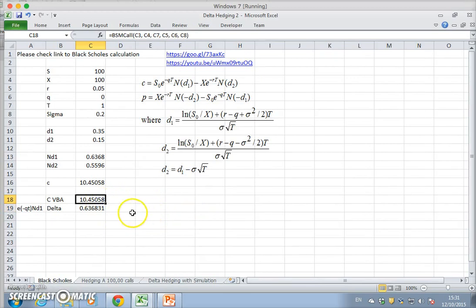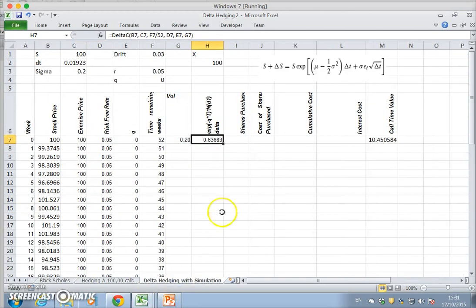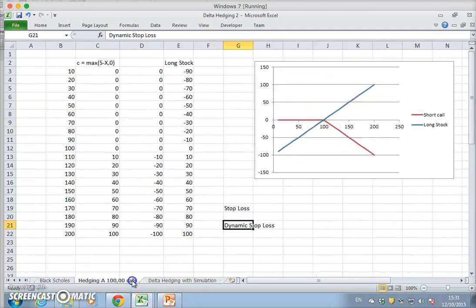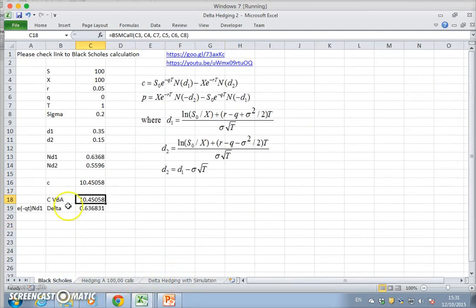So when we worked out the value of the call, when we took it as being 1 year and same parameter values, 10.45, 0.58. Okay, same as here. And then for the delta, where I worked it out as delta C, okay, 0.6368.